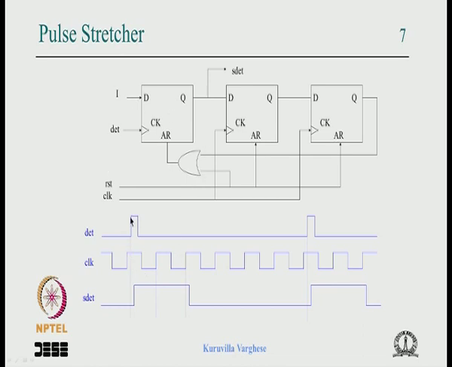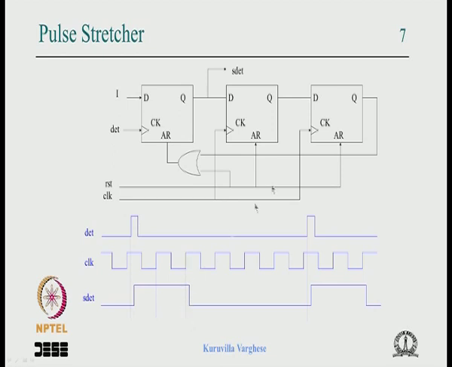So basically it is stretched, and if you put multiple stages of flip flops, you can stretch it any longer, but then it depends on the clock of the FSM. If you use a lower clock there is no reason to stretch it more than 2 stages, because we have 1 clock edge coming in that period, and that is all we require to be detected by the state machine.